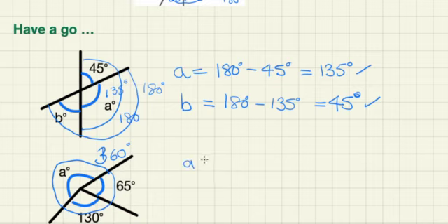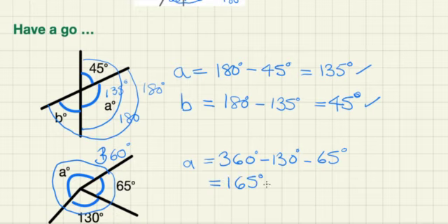So A, whatever A is, it must equal the whole thing minus 65 and minus 130. So A equals 360 minus 130 degrees minus 65 degrees. When you do the calculation for that, that comes to 165 degrees.